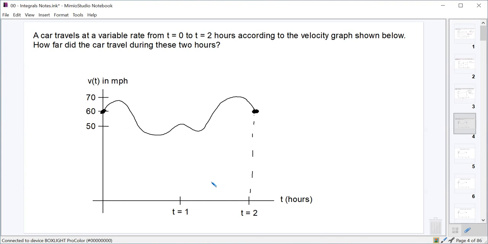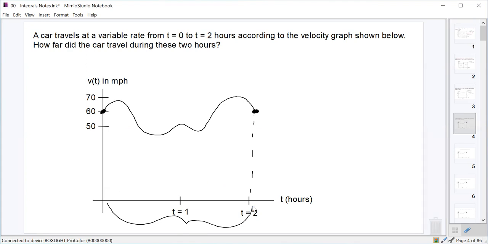And the way that we're going to do that is we're going to divide our interval from 0 to 2 up into some subintervals. And we're going to draw some vertically oriented rectangles underneath it, find the area of those rectangles, and then use that to approximate the area under the curve.